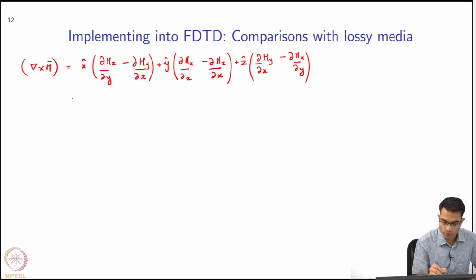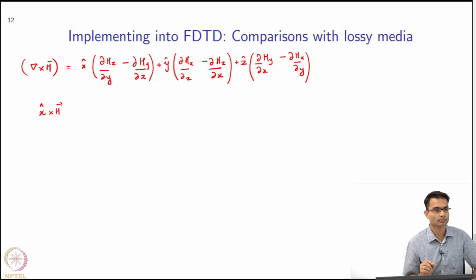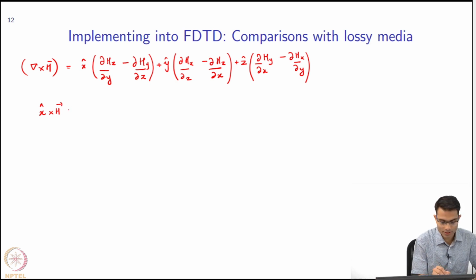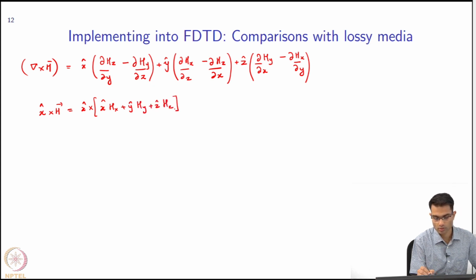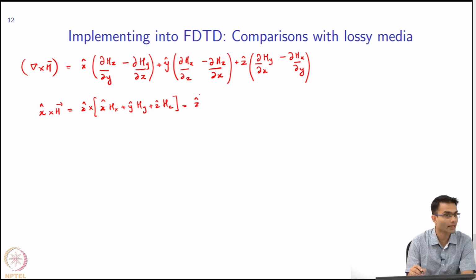To see that, let us have a look at one other thing. Supposing I ask you what is x hat cross H. What do I get from here? There is only a z hat and a y hat.